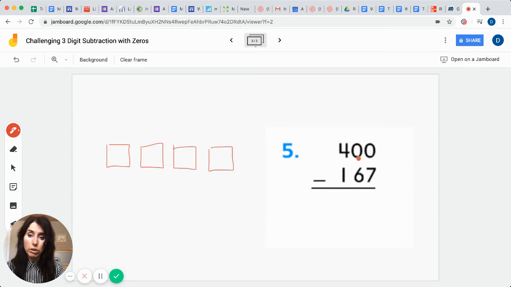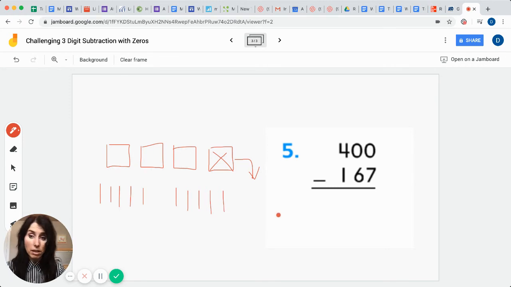And they say, sure, I have a flat that I can give you. So they're going to give you a flat, and then you're going to take the flat and you're going to make an exchange for how many 10 sticks? 10, right? 1, 2, 3, 4, 5, 6, 7, 8, 9, 10.